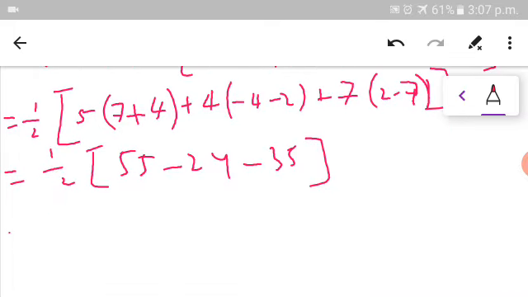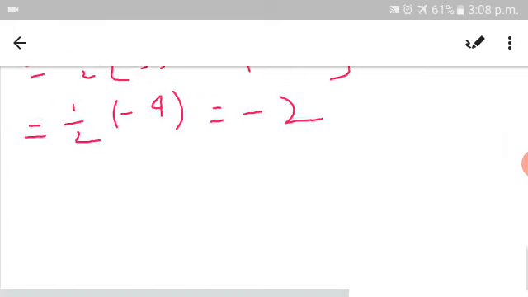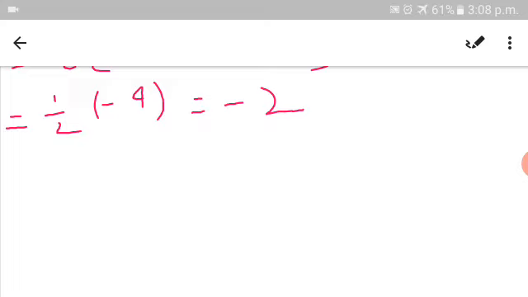So that is 1 by 2 of 55 minus 24 minus 35. That gives minus 59 and plus 55, that is minus 4. That is minus 4, it means minus 2. Now as I told you, area we cannot write in negative.